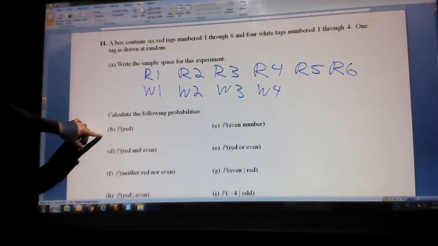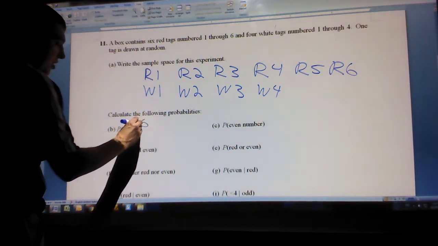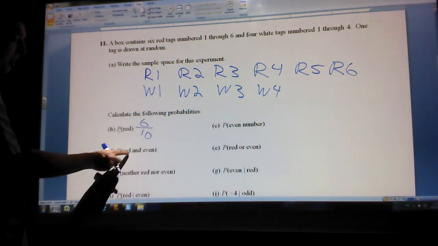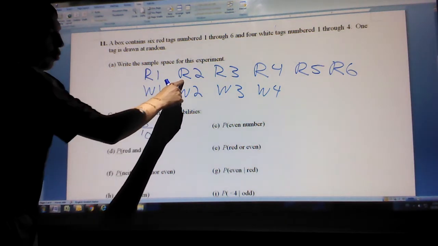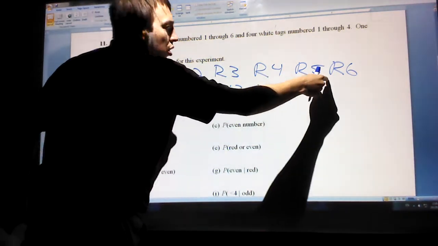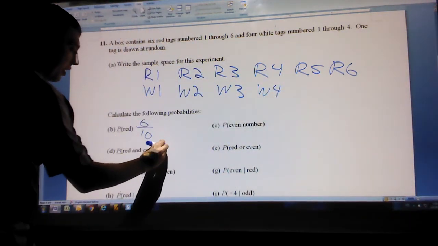What's the probability of red? 6 out of 10. 6 red out of 10. Red and even. What are red and even? Red 2, red 4, red 6. 3 out of 10.